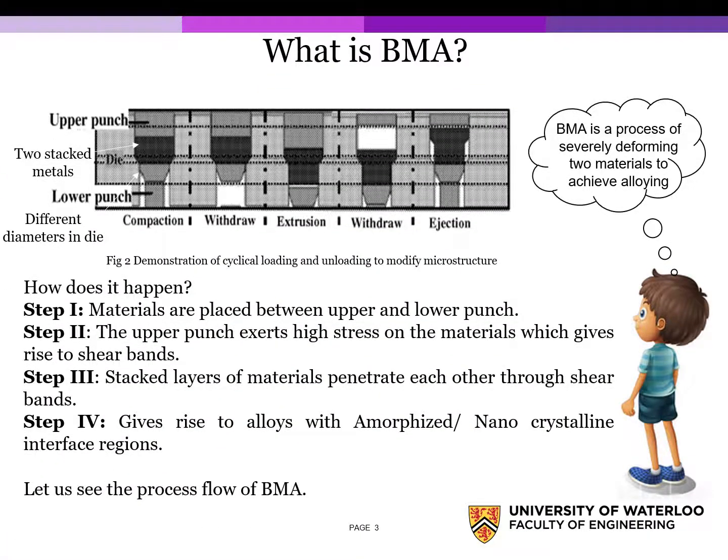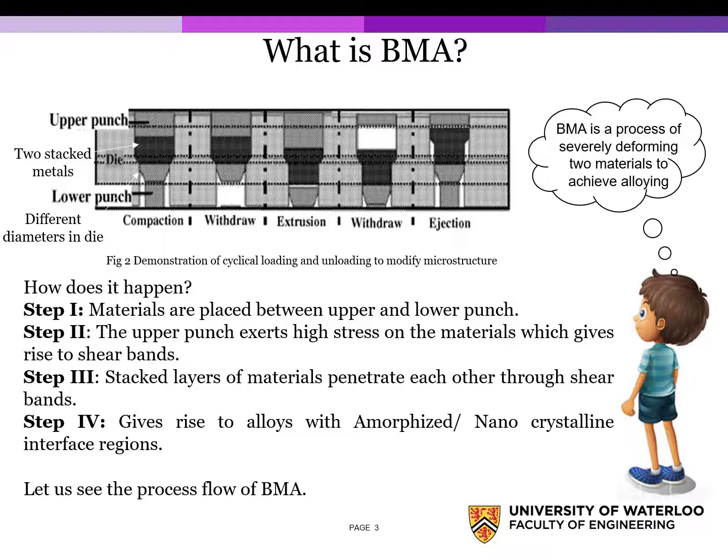So, what is BMA? It is a process of alloying materials by severely deforming them under heavy stress. The process consists of the following four steps. Step 1. Materials are placed between the upper punch and lower punch in the die. Step 2. The upper punch exerts high stress on the materials, and these materials are then squeezed into cavities with different diameters, which makes the material undergo various compressive, expansive, and plastic phases.